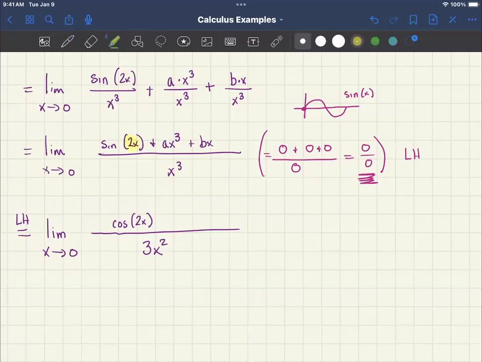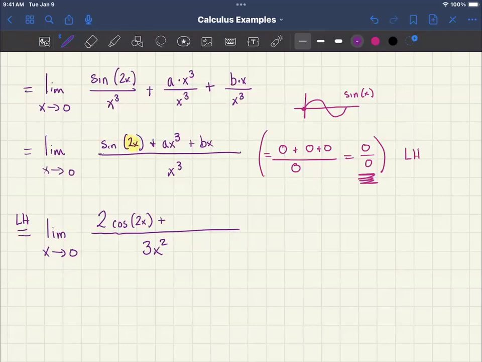And so when we take our derivative, we're actually going to be using the chain rule here. So the derivative is also going to include the derivative of that inside bit, and the derivative of 2x is just 2. So we need a 2 cosine of 2x. So not only are we using L'Hopital's rule, but we are also using the chain rule.